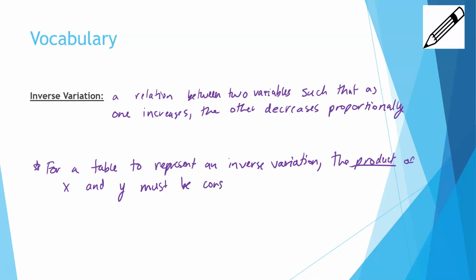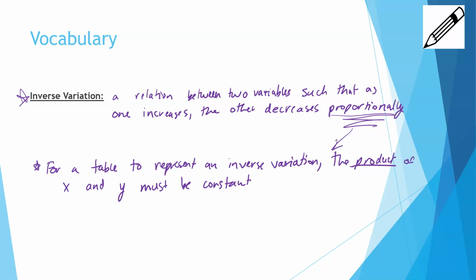Remember, product means multiply. Thinking back to the warm-up with rectangles with an area of 144, as the length increased, the width decreased, so that fit the idea of as one increases, the other decreases. But the proportionally part is because every time we multiplied the length times width, we got 144. That means it was an inverse variation.